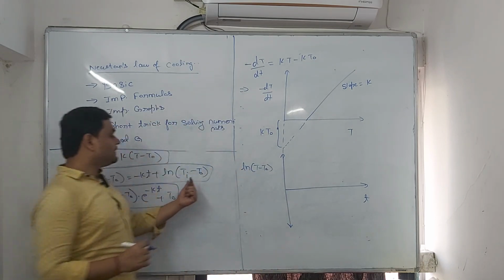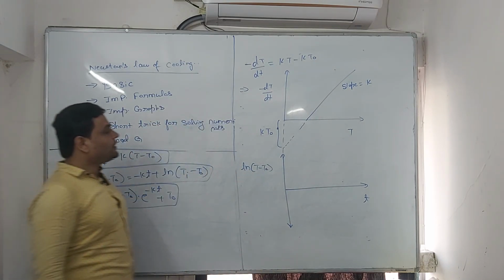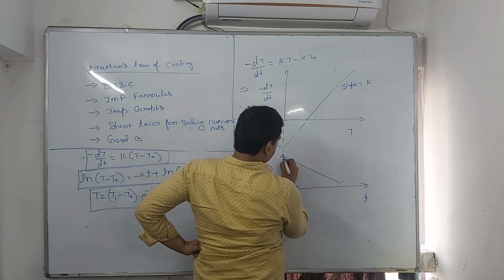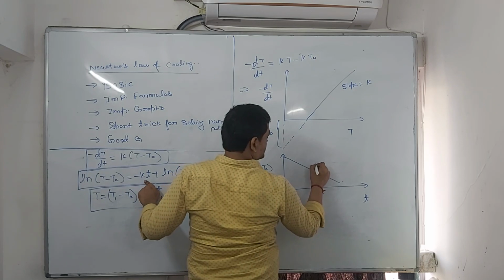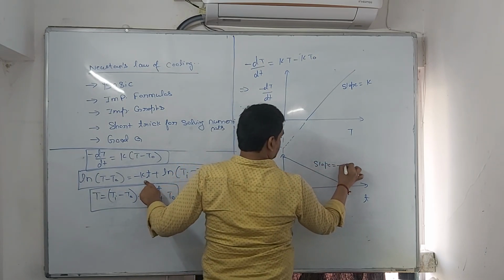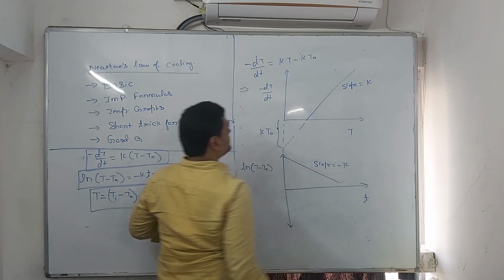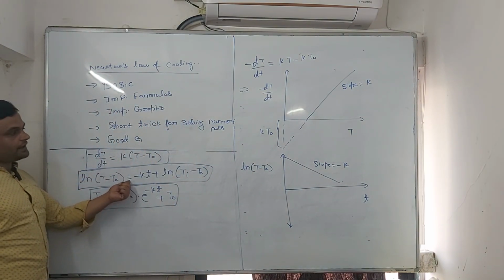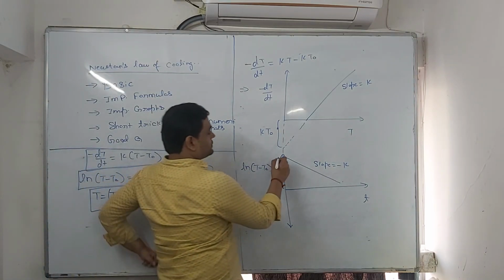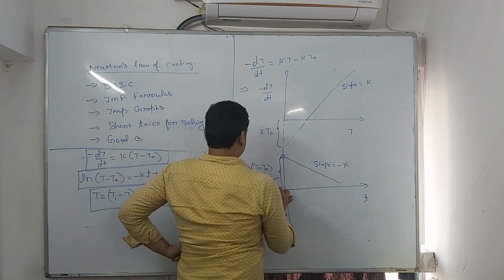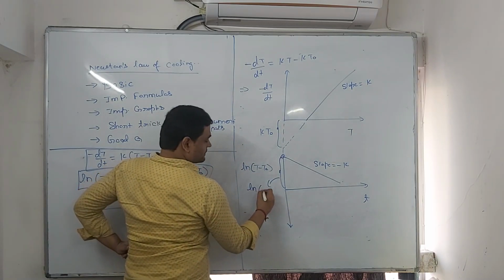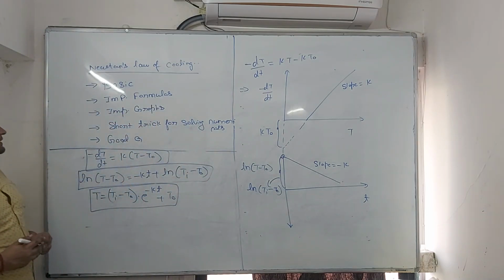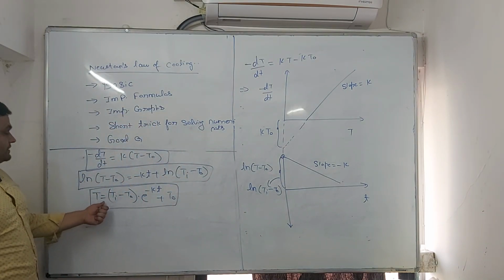See, while here the y-intercept is positive, so it will be going in this manner, and the slope is minus k. I hope now these two graphs are clear to you all. Here you can also write the y-intercept. This y-intercept is ln (Ti minus T naught). Now write this. Then this one is the important one.